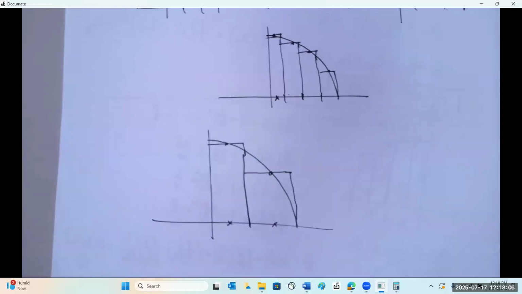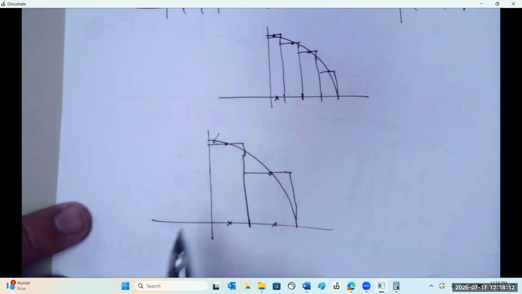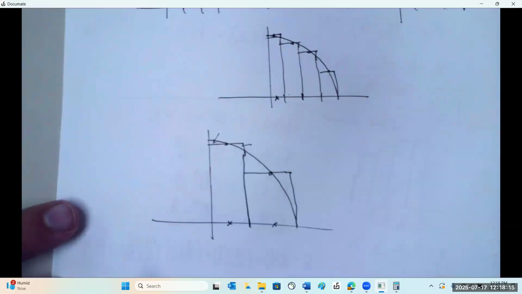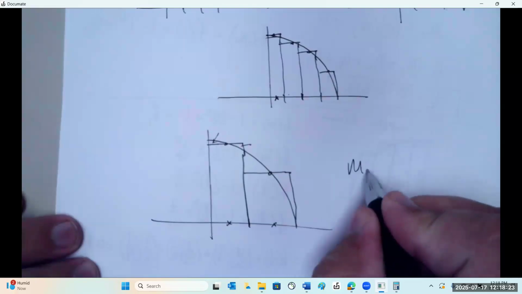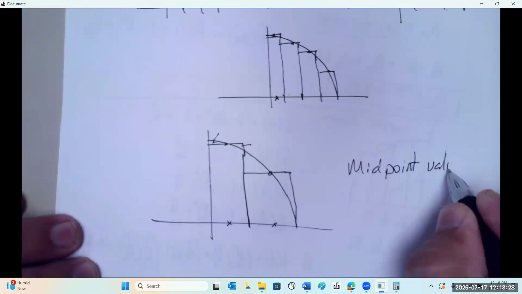It's both circumscribed and inscribed. So what you're missing here, you have too much here, that will limit how much wasted space we have by using midpoint values.